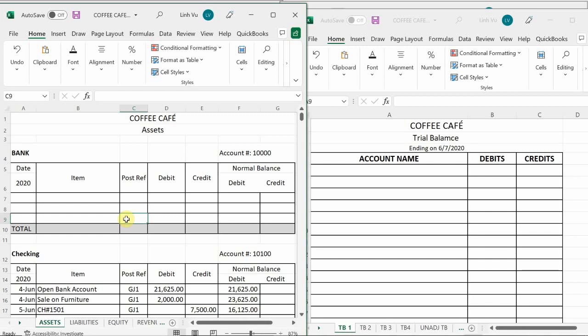Now, also, tell me this. If I put in that my bank account was a zero balance, will that affect my business transaction if I have a zero in there?